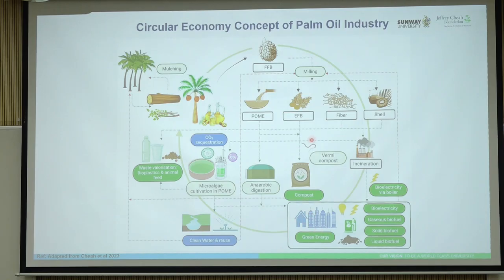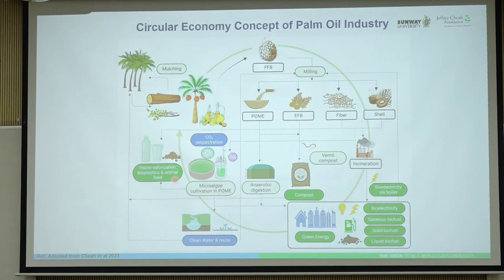We have that, and some can be biofertilizer to become compost, and also go through the fermentation process, digester. Then, as I mentioned just now, the palm oil mill effluent can be used for microalgae cultivation, because at the same time it can treat the palm oil mill effluent.